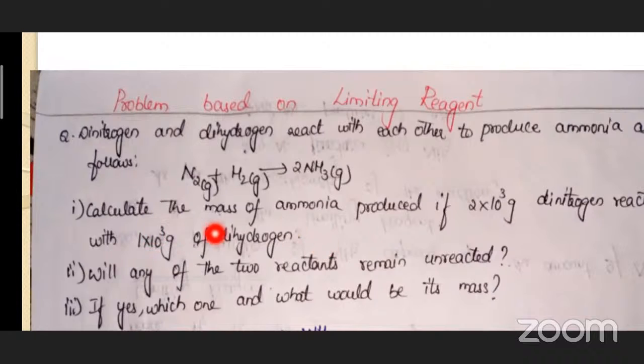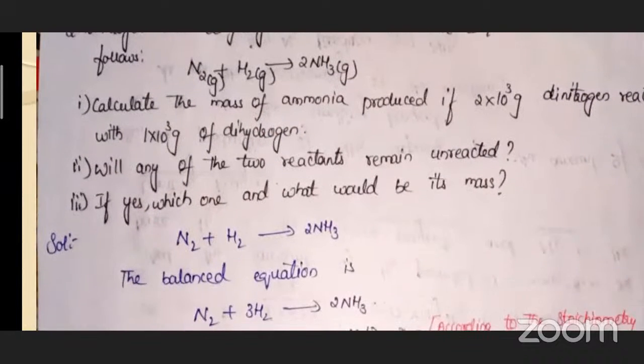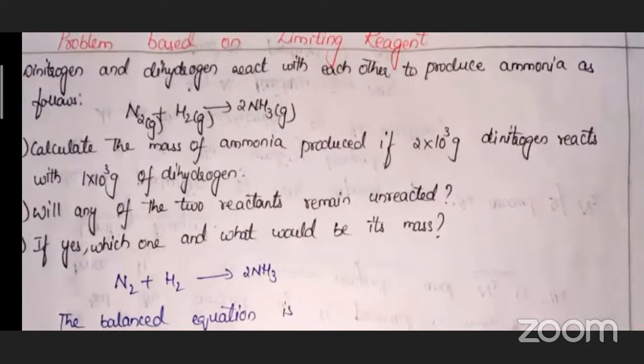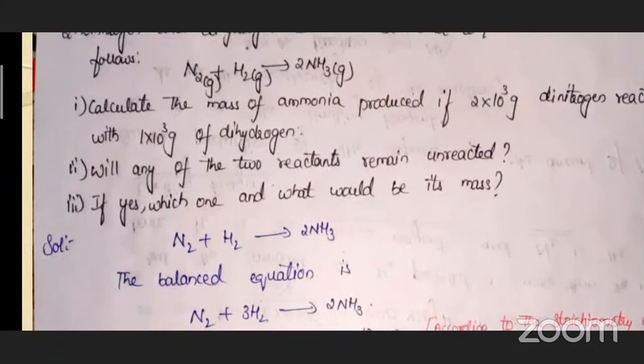In the first part they are asking us to find the mass of ammonia produced. And will any of the two reactants remain unreacted?